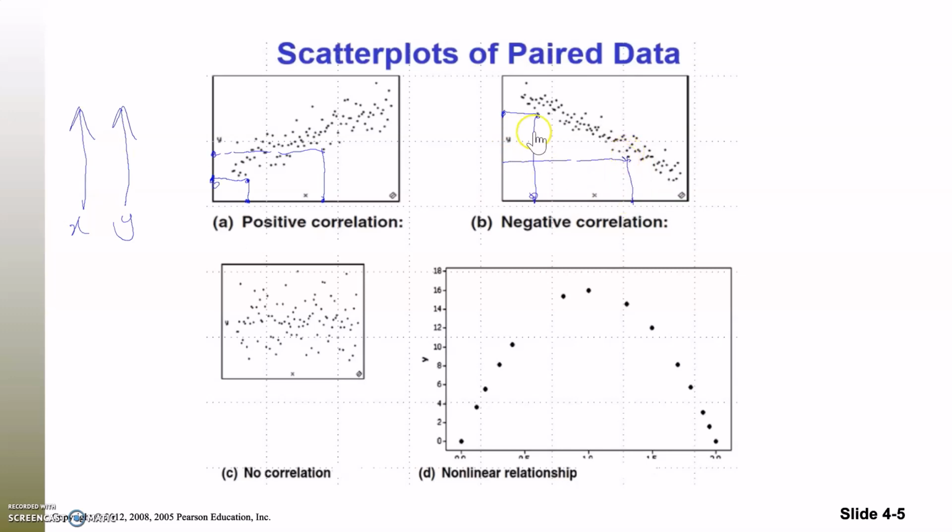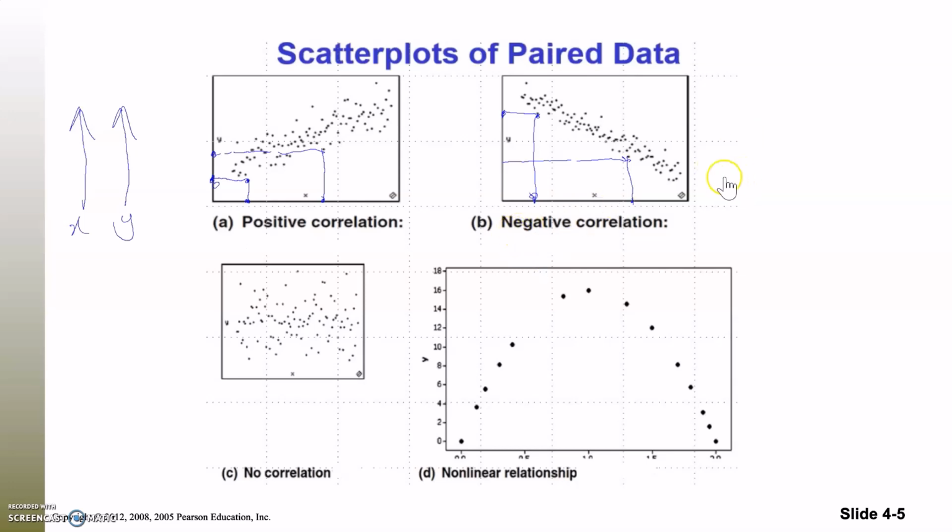Now what happened in this situation: the smaller x values are associated with the larger y values, and the larger x values are associated with the smaller y values. If this happens, such a correlation is called a negative correlation.